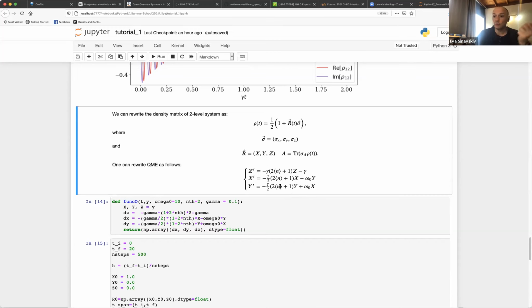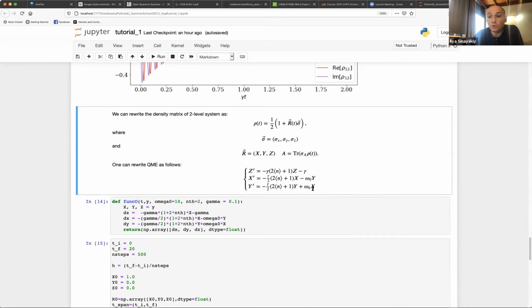So first of all, we need to find 3 functions which are real. We don't need to take care of the errors coming from the fact that we're dealing with complex numbers. And we also know that as observables, they're bounded between -1 and 1, so it's relatively easy to keep track of them.